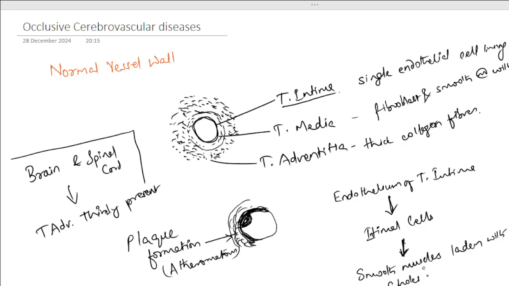Cholesterol, basically triglycerides I mean to say, then phospholipids, lipids of course, and then collagen and elastic fibers. So basically all these are building up subintimally.